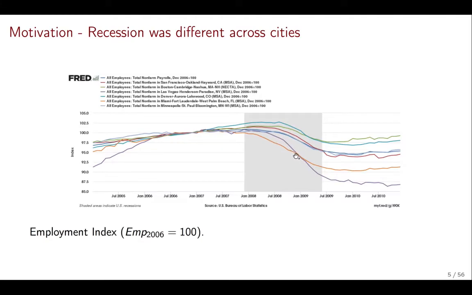The orange line is going to be Miami and Fort Lauderdale in Florida, and they also had a very large drop in employment. Whilst other series, like the one for Minneapolis, didn't have such a big drop. The one for Boston and Cambridge also didn't have such a big decrease in employment.